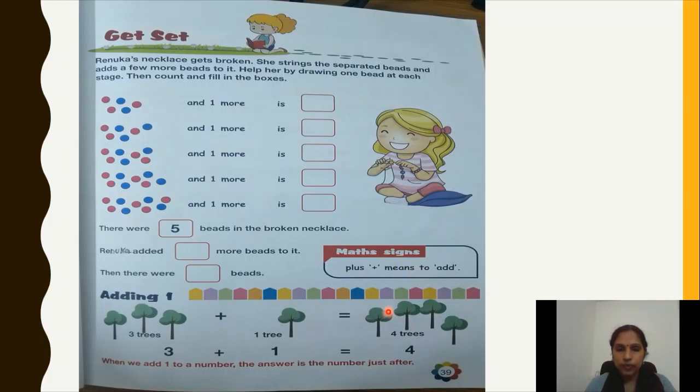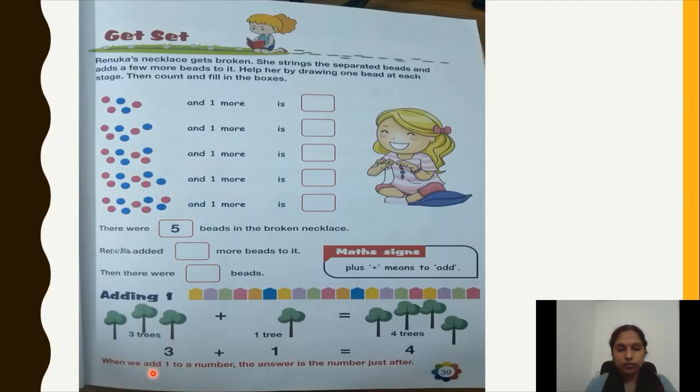Can you see this? Now read the last line with me. Put your finger on the last line. Can you see this word when? Put your finger there and repeat with me. When we add 1 to a number, the answer is the number just after. Can we tell it once again?